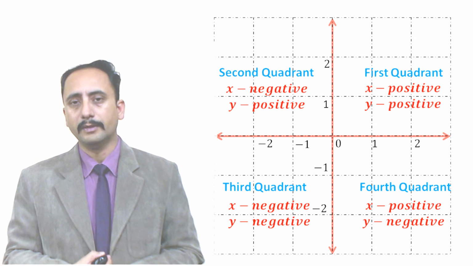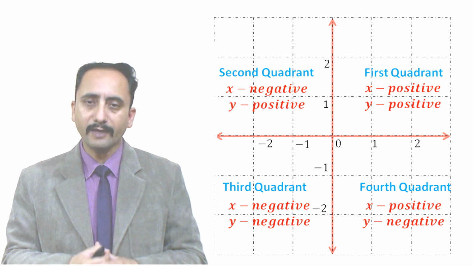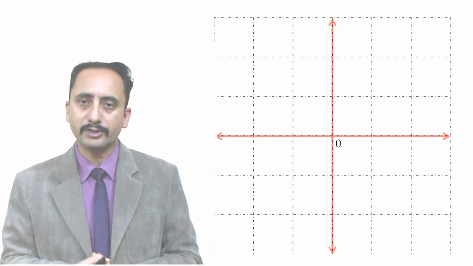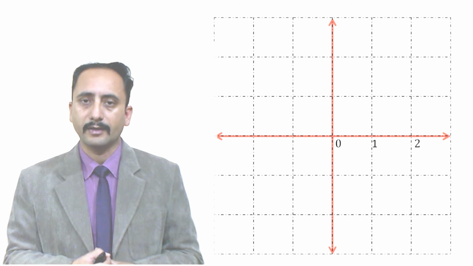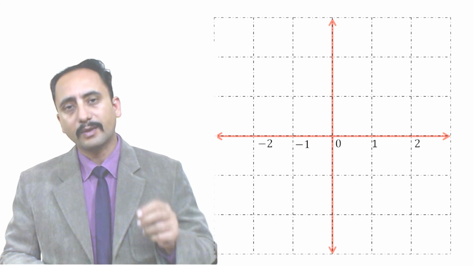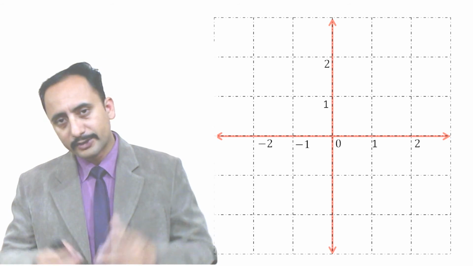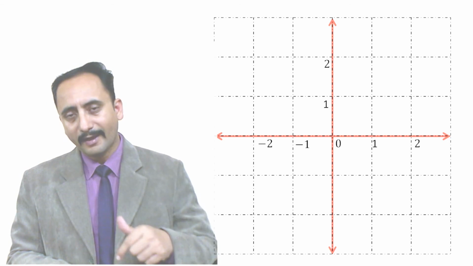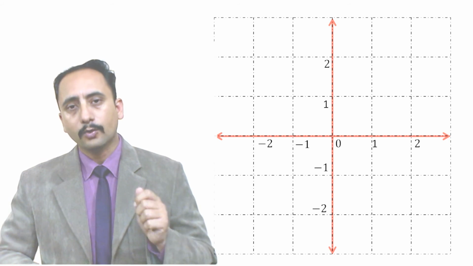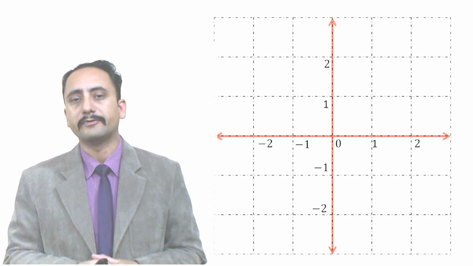Another easy way to remember the signs is, if I have to move towards the right hand side of the origin, x will be positive, and on the left hand side of the origin, x will be negative. Above the origin, the y coordinate will be positive, and below the origin, the y coordinate will be negative.